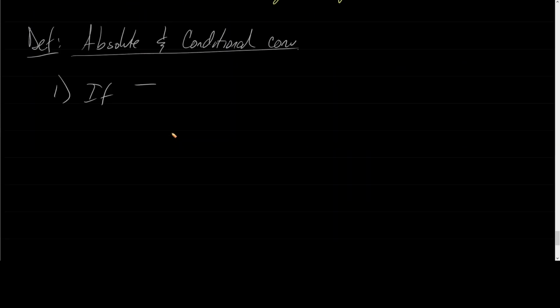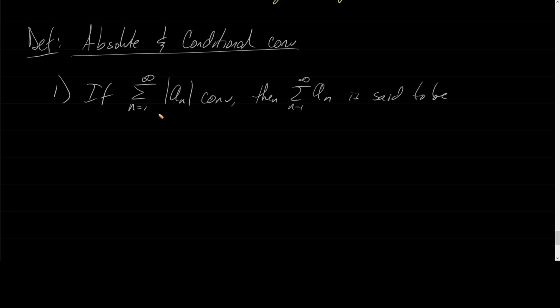That's that thing. So if the series from 1 to infinity of the absolute value of a sub n converges, then that series of a sub n from 1 to infinity is said to be absolutely convergent.